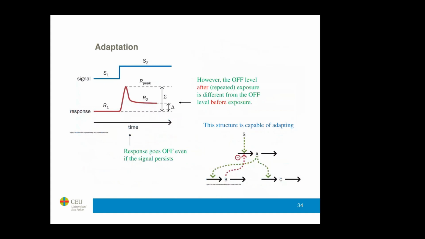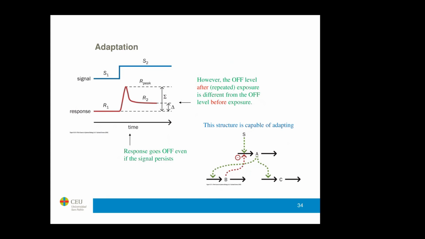And here you have a typical circuit for adaptation. So let's say that you have a signal. This signal is at some, let's say, temperature. So we are at some temperature, and then the temperature will go up, and then the response, you want it to change.